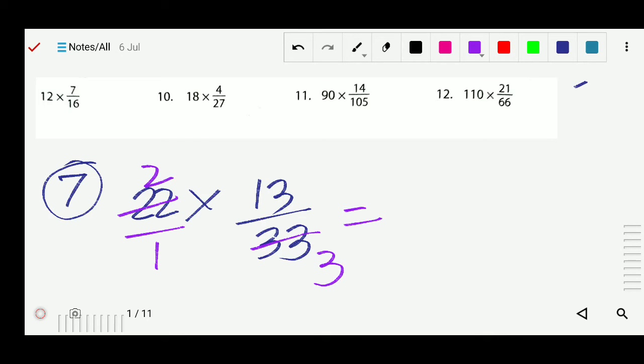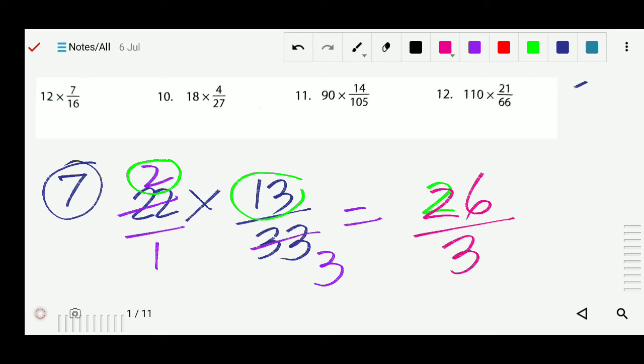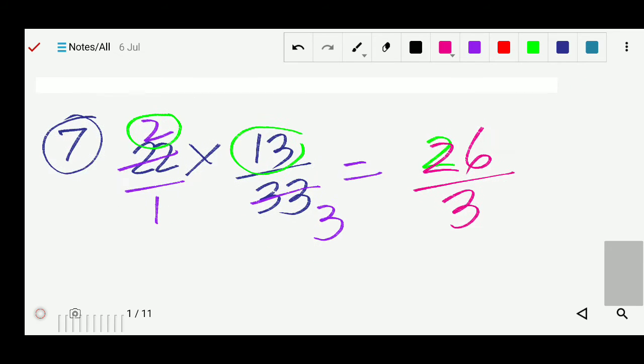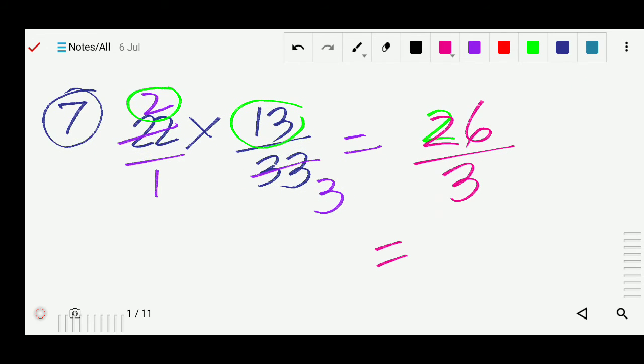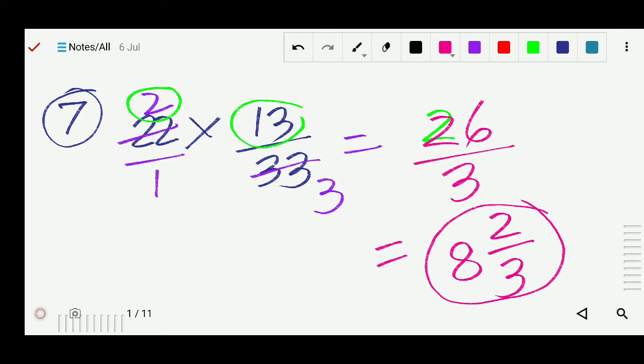No. So now we multiply 2 and 13, that is 26, and 3 into 1 is 3. So 26 by 3, again an improper fraction, so we change it to a mixed fraction. The quotient will be 8, the remainder 2, and the denominator 3. So 8 2 by 3 is your answer.